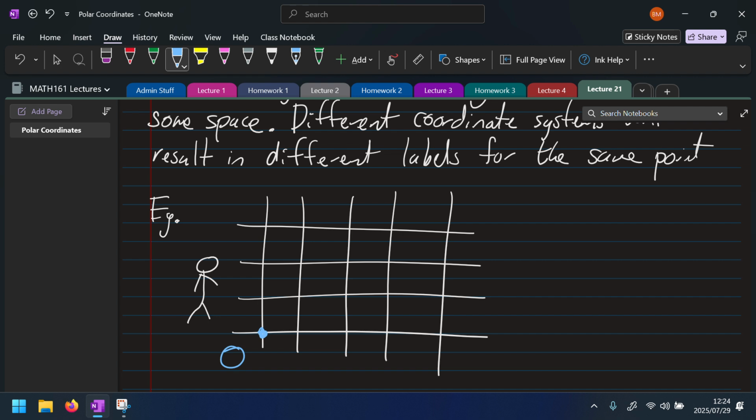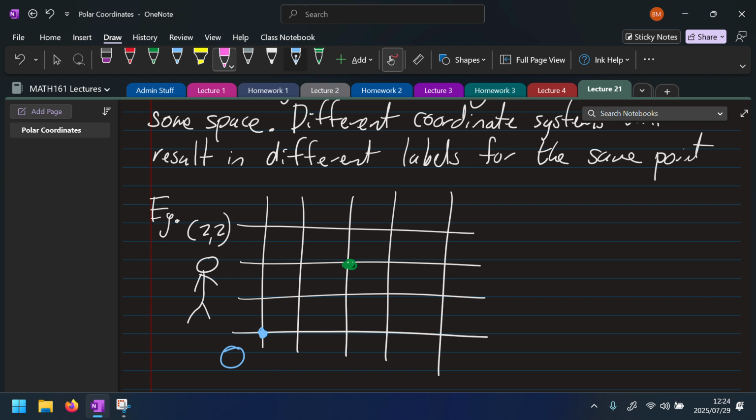Going up, that will be y values. Going left and right, those will be x values. So this point P over here, that green point P, in my coordinate system, that's going to be 2 across, 2 up. So I give that the label 2, 2.